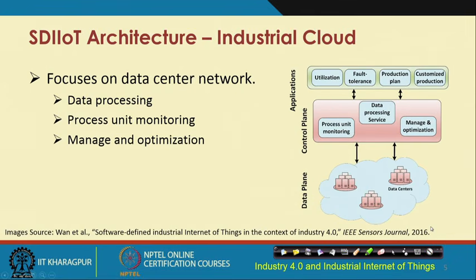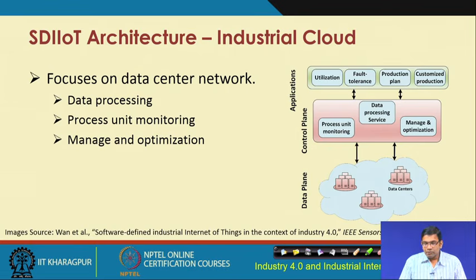In the context of industrial cloud, cloud as we have seen is very important. Data center networks more specifically, and cloud, are very important for implementing IIoT, and software defined IIoT for industrial cloud settings. You need to take care of issues like the ones over here in the control plane.